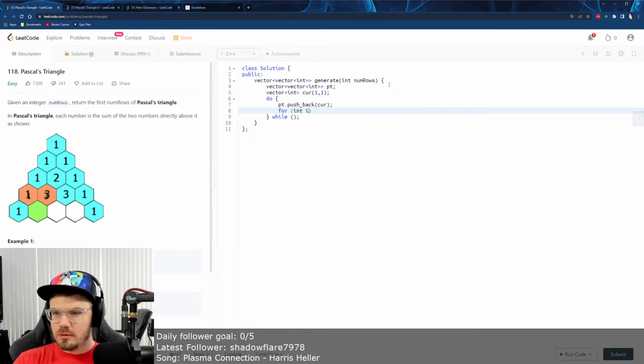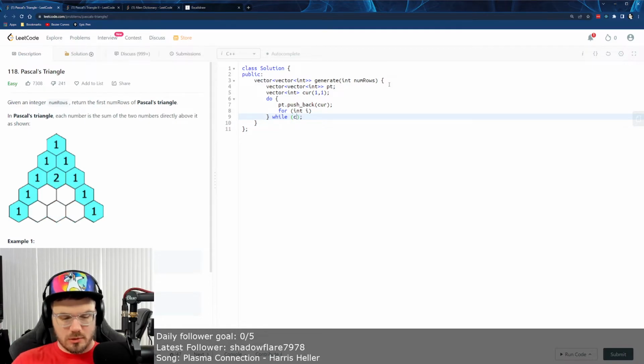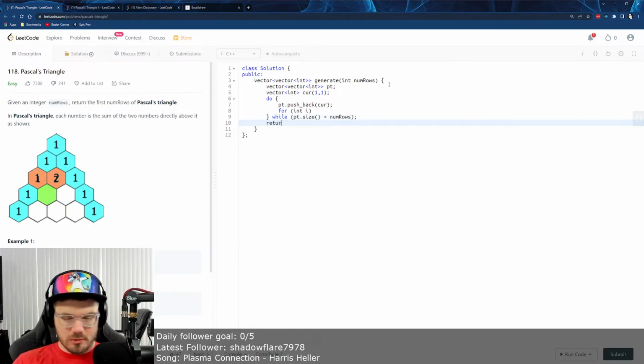And then the while loop can just be while pt.size is less than numRows, and then at the end we just return our pt.